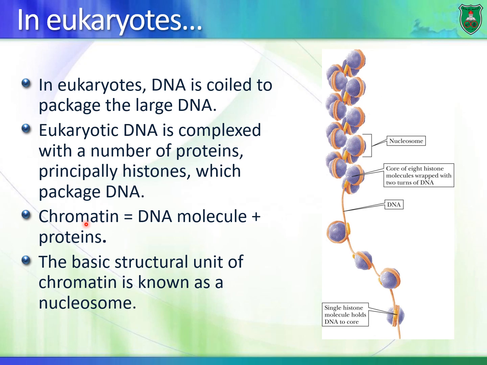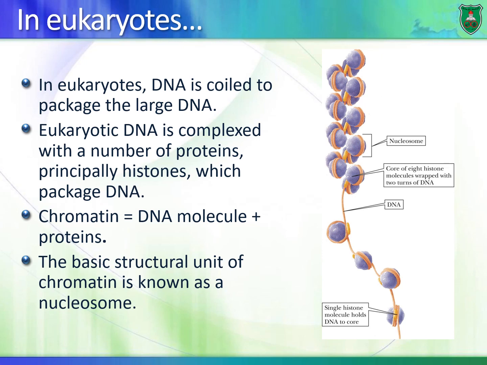So if I say a chromatin molecule, you know that I'm talking about a DNA molecule that is associated with proteins. In eukaryotic cells, these proteins are histones. And the basic unit of chromatin is known as a nucleosome.